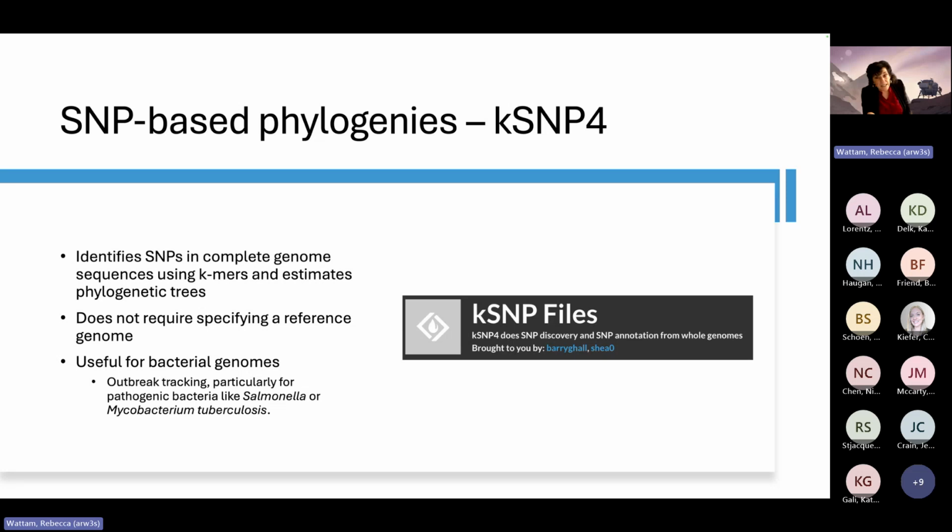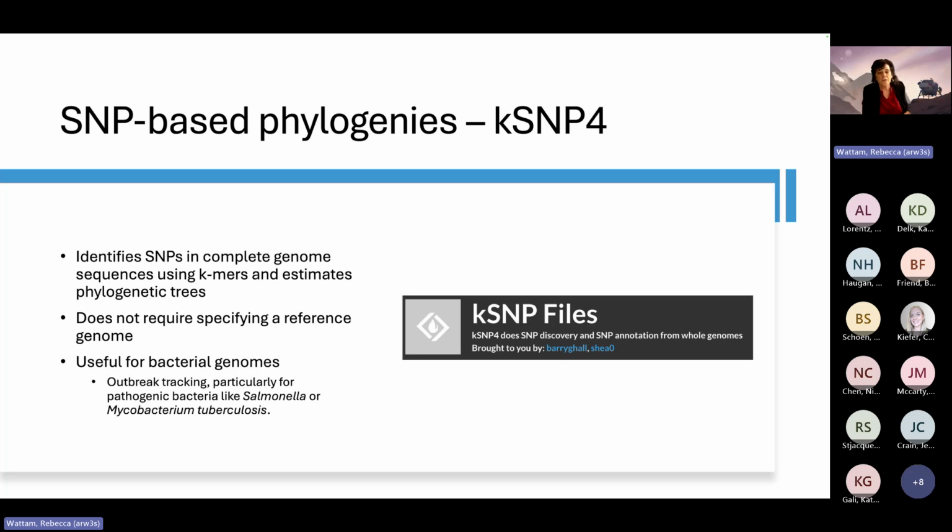So kSNP4 doesn't use a reference, and instead it lines things up via k-mers. Excuse me. A k-mer is a subsection, like it could be seven nucleotides, and then it would be a 7-mer or a 20-mer or a 100-mer. And kSNP4 is looking at it that way so that it's much faster than doing the whole thing.